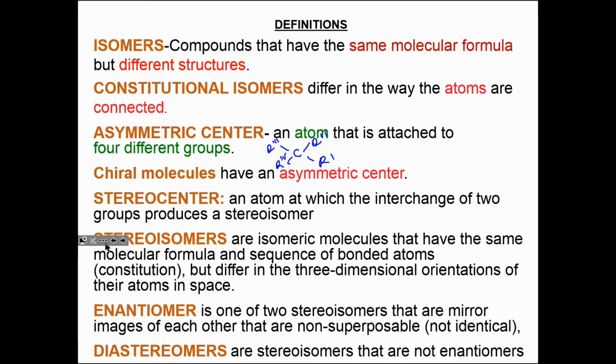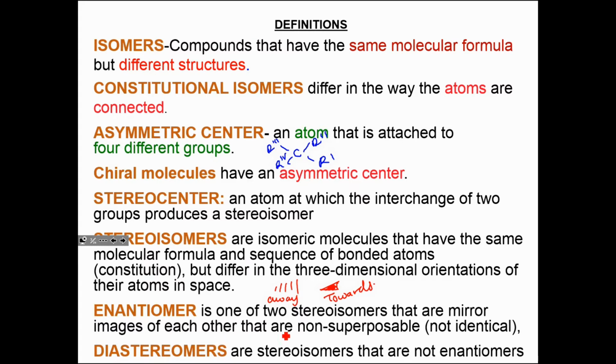That's where we use wedges and dashes. We use the hatched wedge bond, which points away from you, and the solid wedge bond, which points towards you, towards your nose.